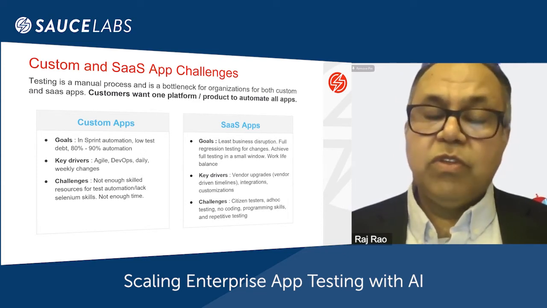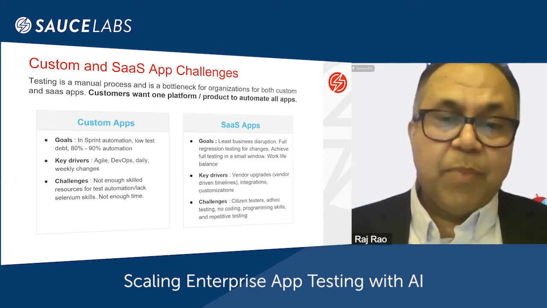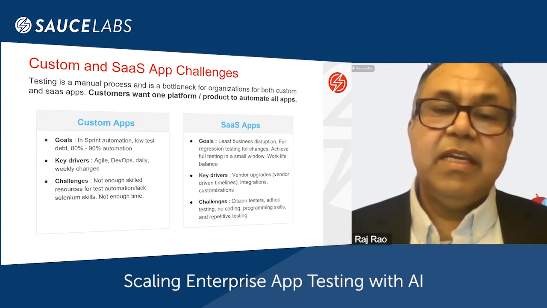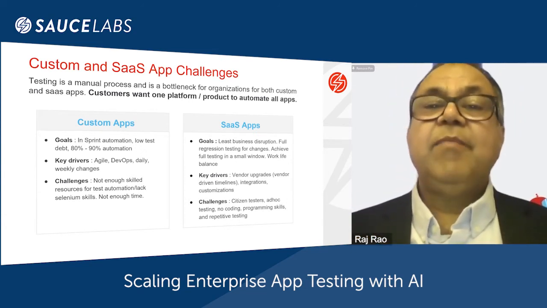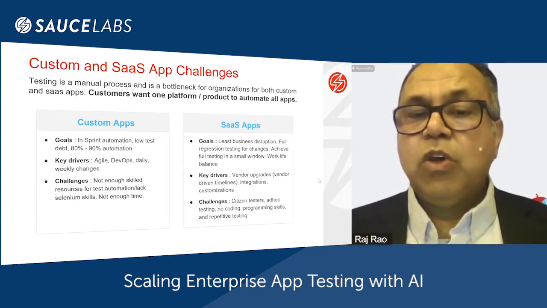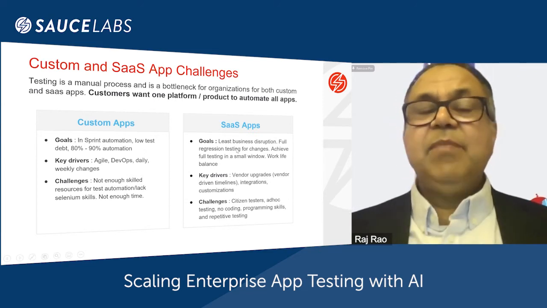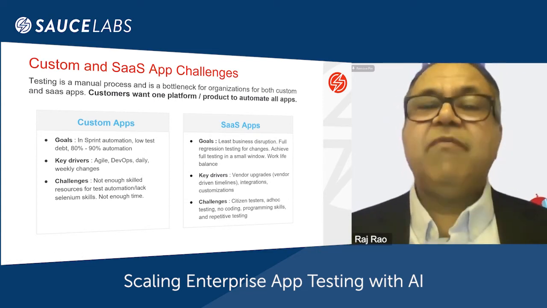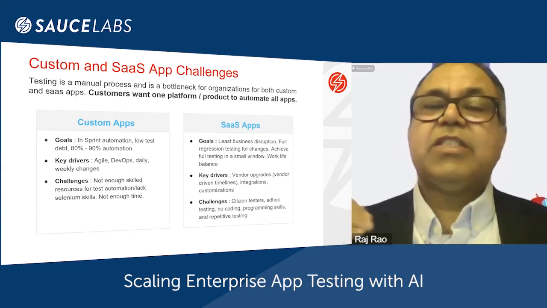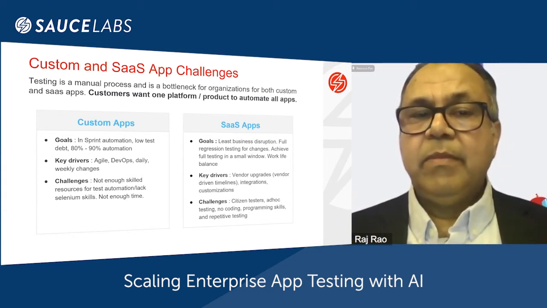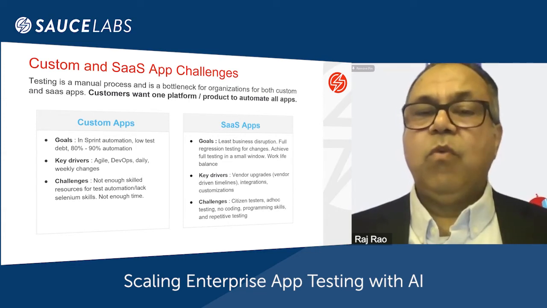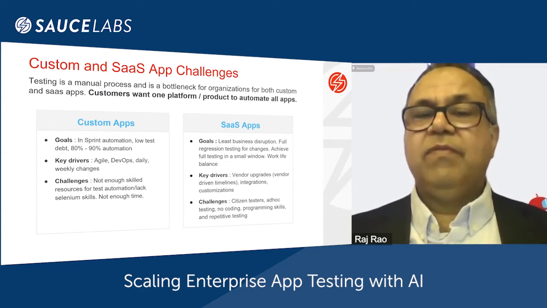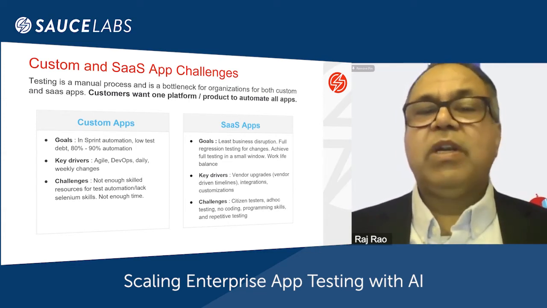If any of those processes and applications break in the link, in the value chain, we have a problem, right? But ultimately, all of them are predicated on having a good testing and test automation capability. You want one platform, one product to automate all of these apps. And that's what AutonomIQ is.